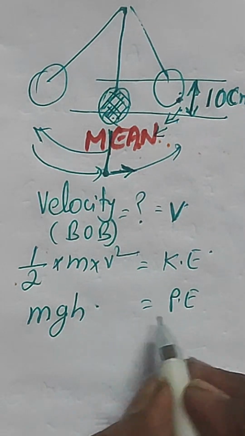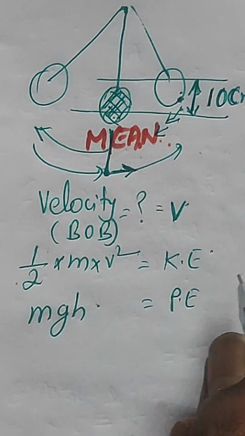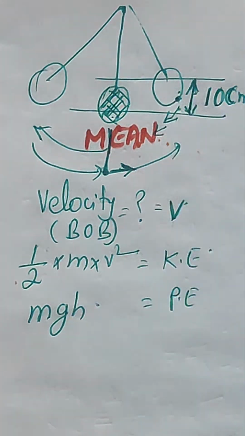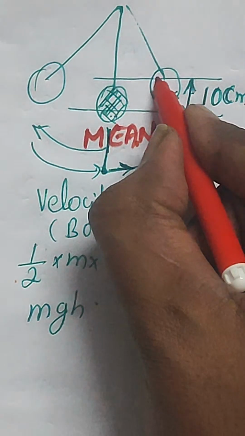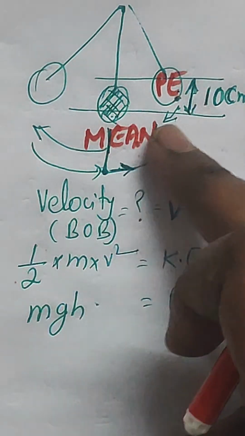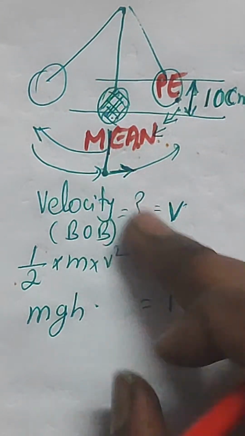So mgh will be the potential energy. You can see at this point only potential energy will be there. Why? Because there will be no velocity of the bob.